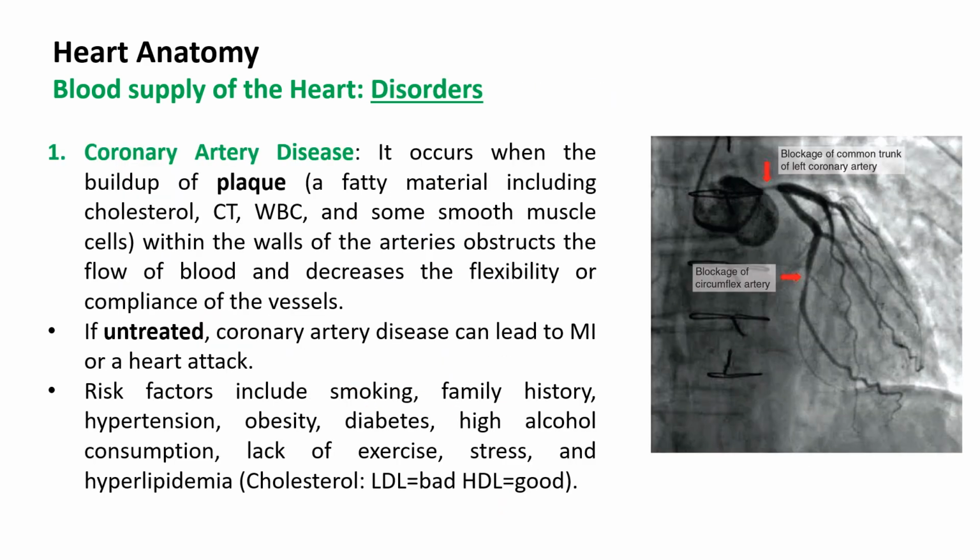What are the disorders related to the coronary artery? As we just learned, the coronary arteries are the arteries that supply blood to the heart itself. And if there's something that affects the circulation, the blood flow to the coronary arteries, that means that will affect the heart itself.